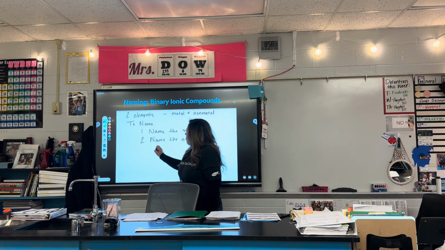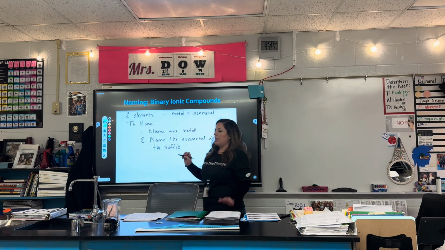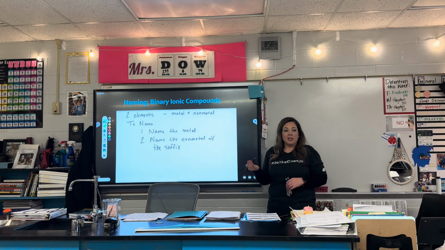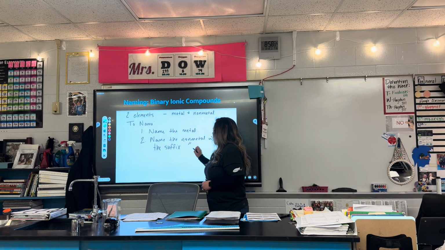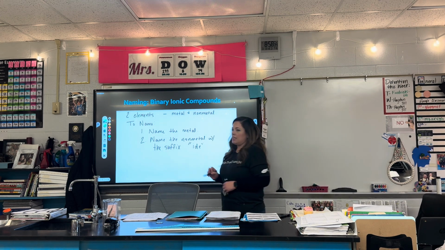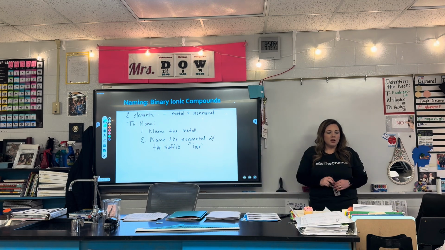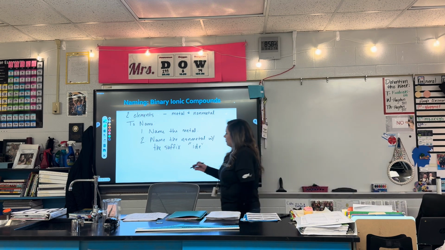And then step number 2, we're going to name the non-metal with the suffix. And where do suffixes go? The beginning or the end? The end. So we're gonna add the suffix "ide," I-D-E. We're gonna cut the end of the element's name off, and add the suffix "ide." So here's a common one that we know.